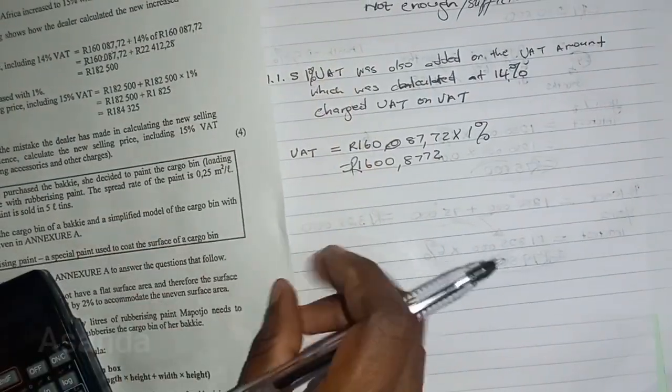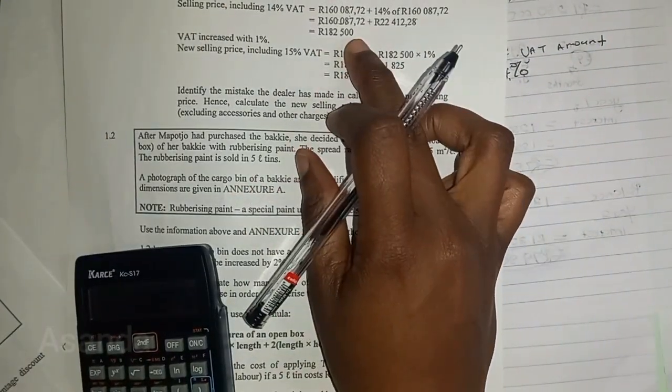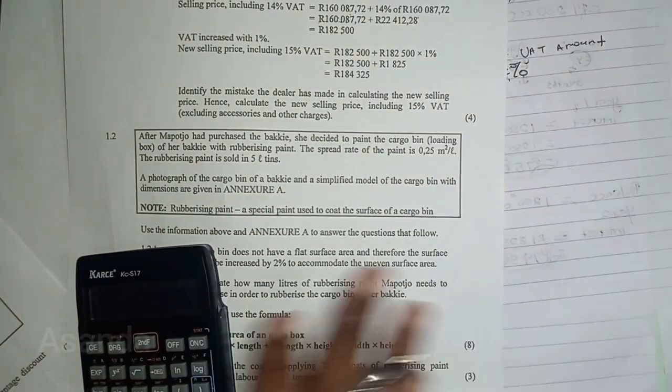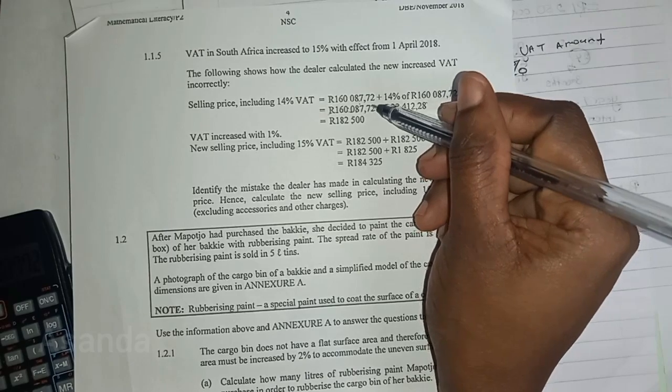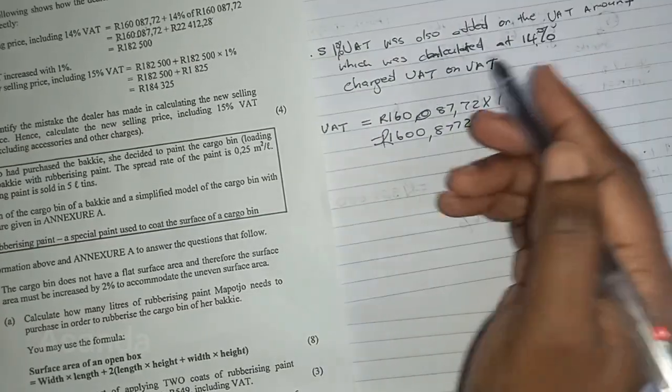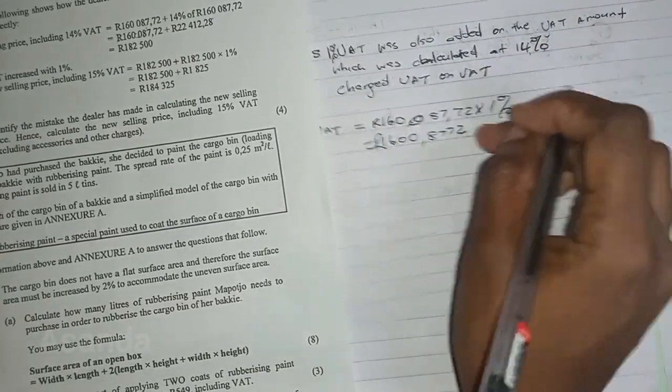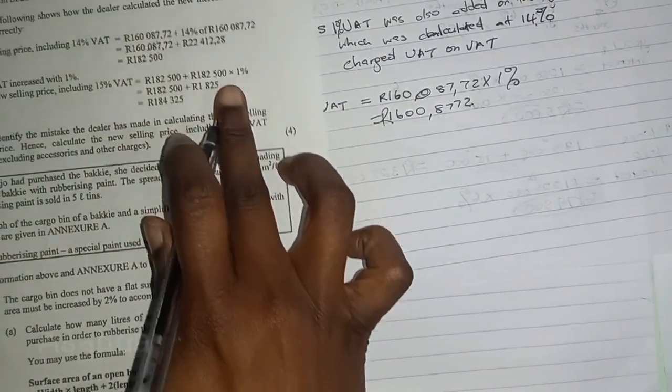Now remember, we do not calculate VAT on money that already has VAT. So 182,500 already has VAT, so you can't calculate VAT on it. What you can do is go back to the original amount and calculate VAT there. Now, how do I get to 15% when I've only calculated 1%? That's fine. I already have it at the top.